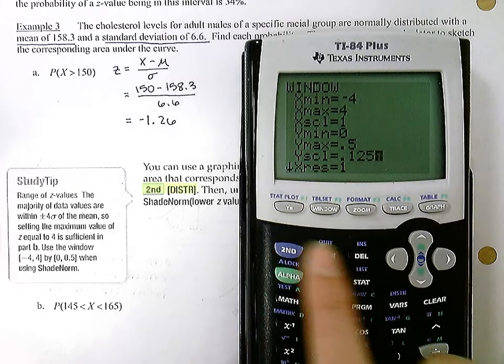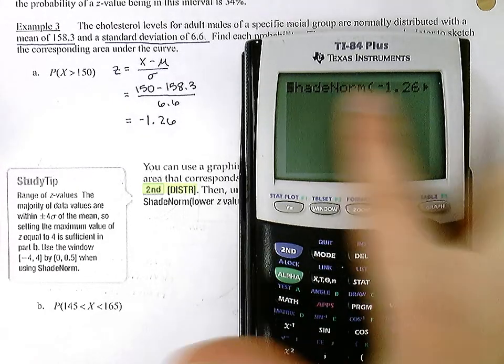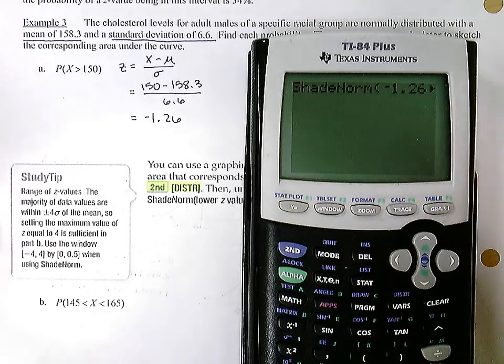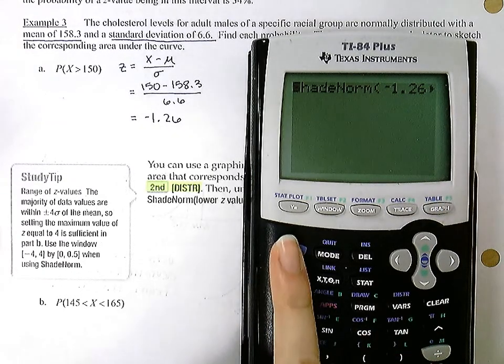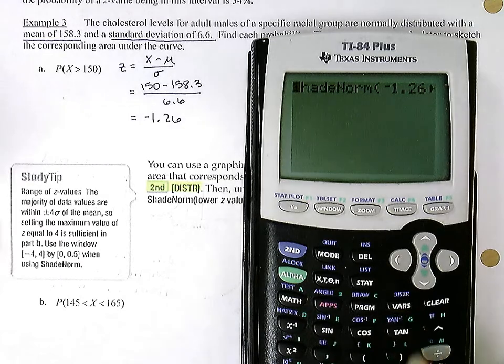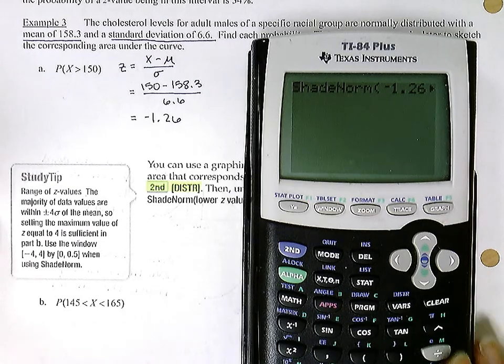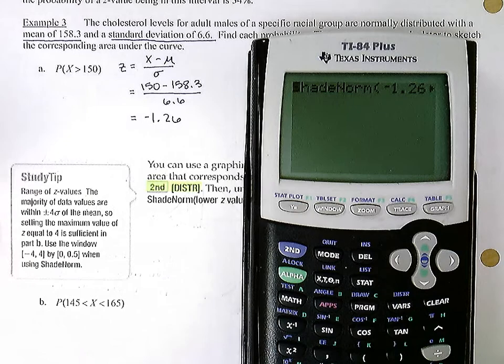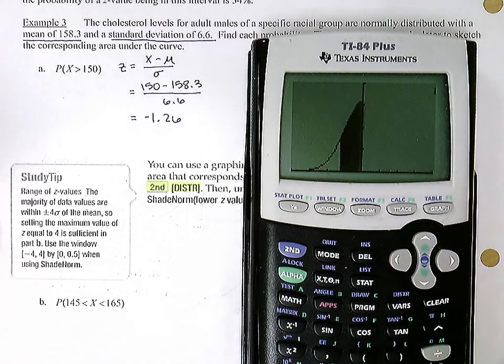Okay, then you can press second quit, and you should still have yours on your screen. Do you still have yours on your screen then? No? Then you might have to go back to second distribution. Okay, then enter your lower, negative 1.26, and enter your upper value of 3. And then press enter, and it should graph it for you.